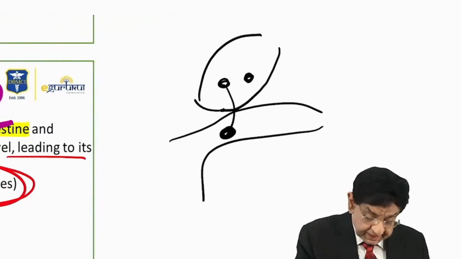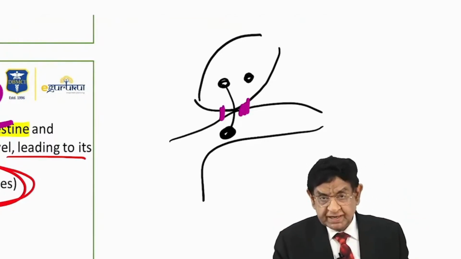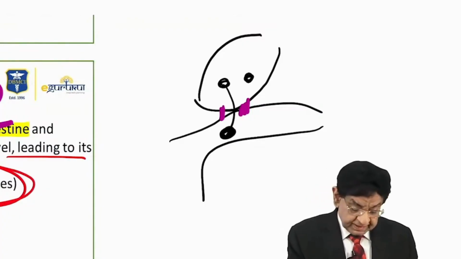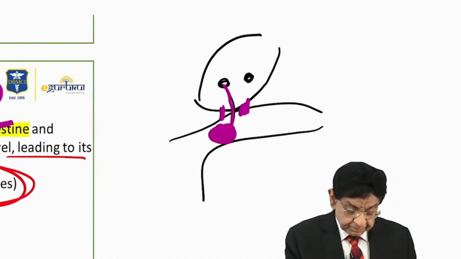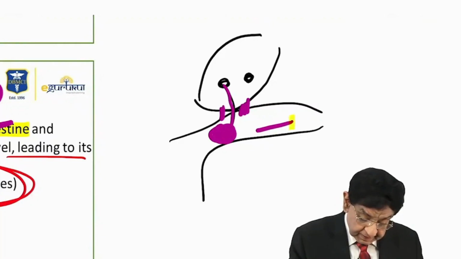A fistula is a connection between the two, the gallbladder and the intestine. It has come here and that leads to obstruction. But air has gone like this. So we are getting air.